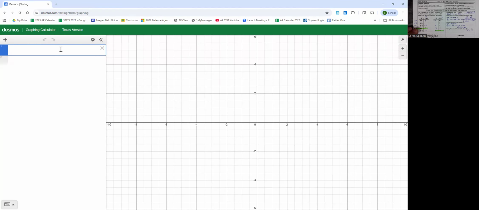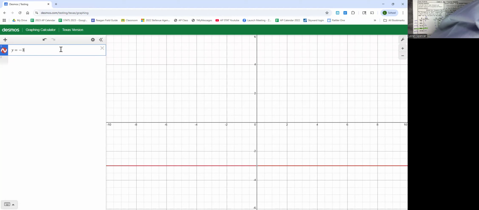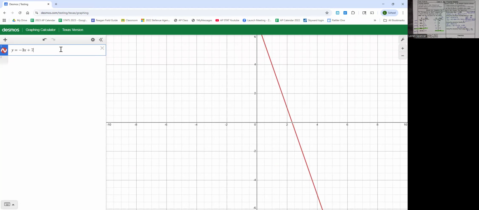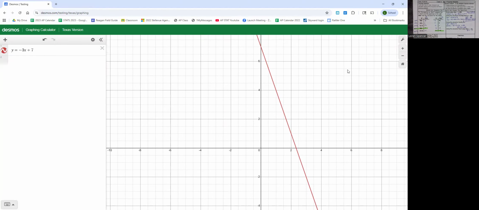And what we had was y equals negative 3x plus 7. All right, so we see there that graph's a nice line, and that matches all the data points we had.